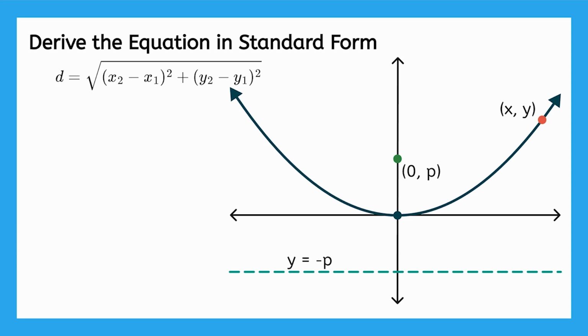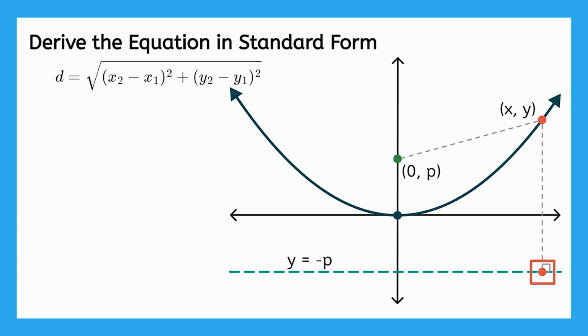Now let's turn our attention to the point (x, y) on the parabola. The definition of a parabola tells us this point is equidistant from both the focus and the directrix. To verify this, we need the coordinates of the point directly below (x, y). What are its coordinates?